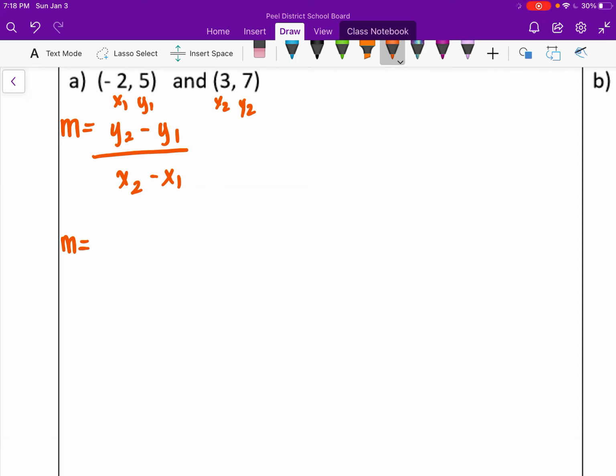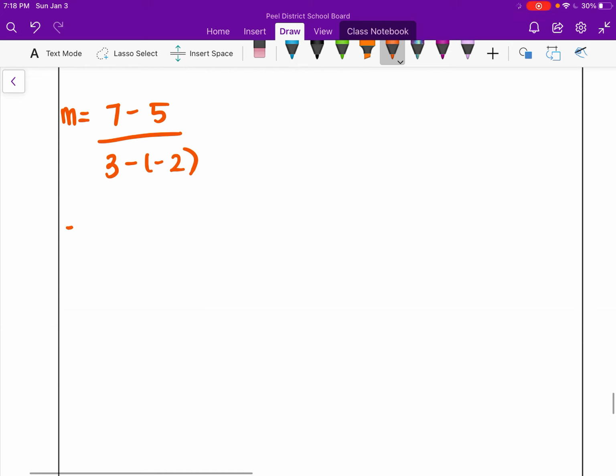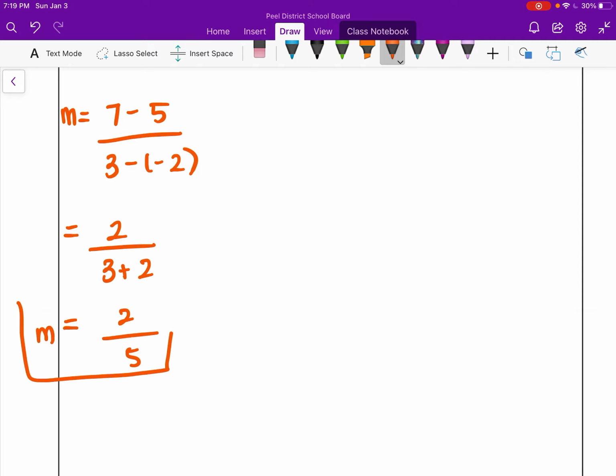So you do 7 minus 5, your y's, and then you do 3 minus negative 2. Then 7 minus 5 just gives us 2. I'm going to simplify the bottom. The two negatives become a positive, so 3 plus 2 is 5. So my slope is 2 over 5.